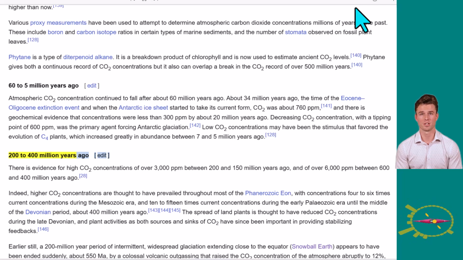200 to 400 million years ago, there is evidence for high CO2 concentrations of over 3,000 ppm between 200 and 150 million years ago, and of over 6,000 ppm between 600 and 400 million years ago.